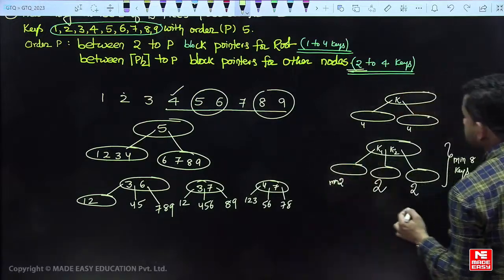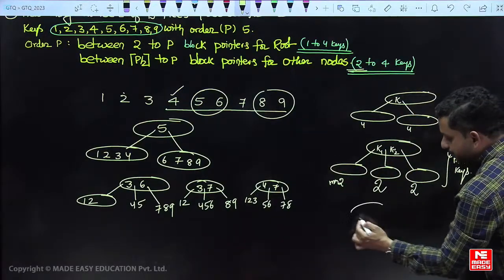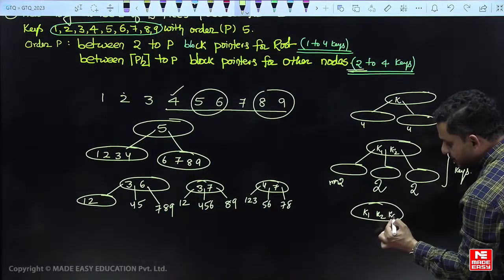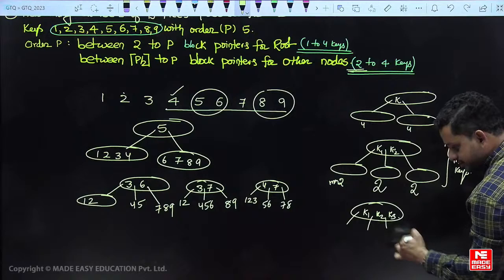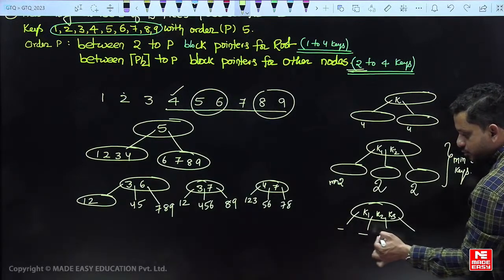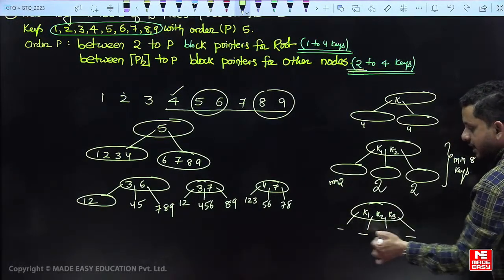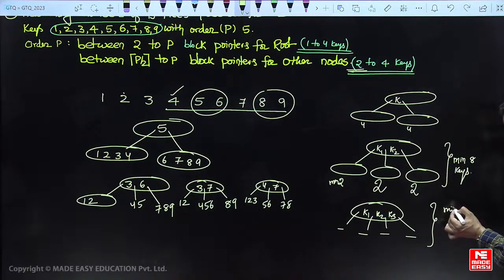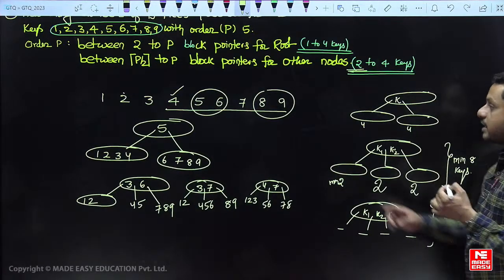Okay, so is there any possibility I can take 3 keys in the root? If I take 3 keys in the root, I need 4 leaf nodes, 2 keys each, so 8 plus 3, so minimum I need 11 keys. Minimum 11 keys I need, but we have only 9 keys.